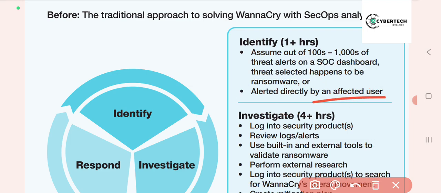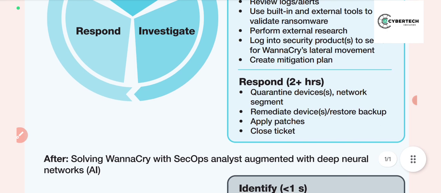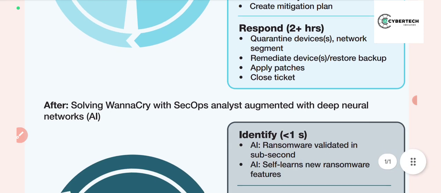Investigating takes 1 plus hours: logging into security products, reviewing the logs, using built-in external tools to validate the ransomware, performing external research, logging into security products to search for WannaCry lateral movements, and creating investigation plans. Then comes the response action: quarantine the device, remediate the device, restore backups, apply patches, and close the tickets.